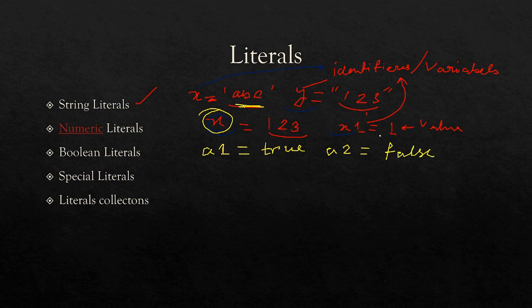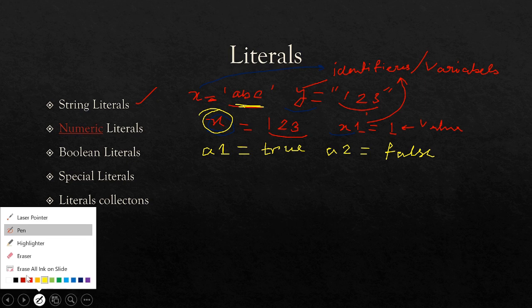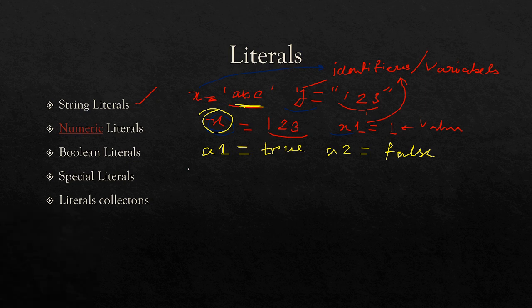So one value will be true, another will be false. Means Boolean literal can be of two types. Either it will be true, or it will be false.